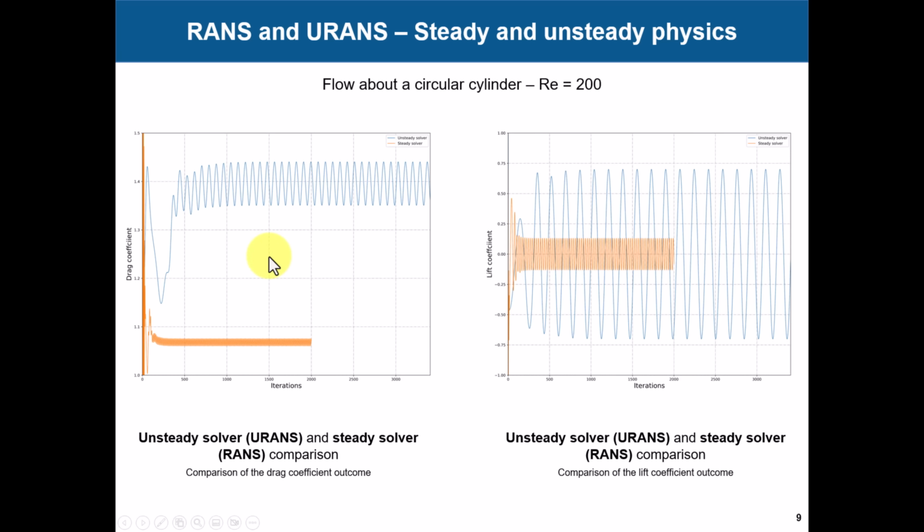So maybe you can use this solution to initialize the unsteady solution, and you save a long initial transient, which, by the way, here I'm comparing both cases in terms of iterations, not time. I don't have time in the steady, so I cannot do it. But in the unsteady, I have time, but I also have my iterations, my time steps. So that is how I'm comparing.